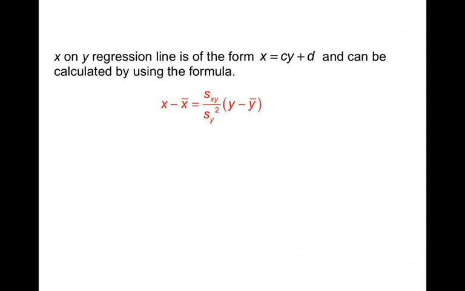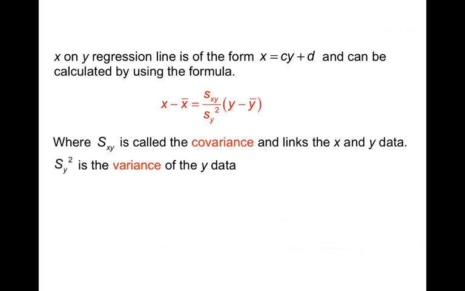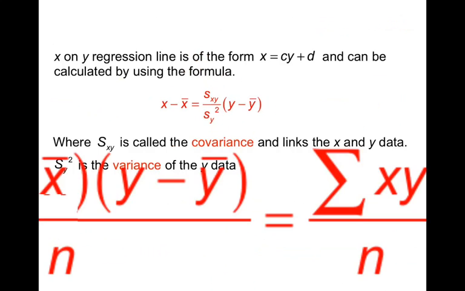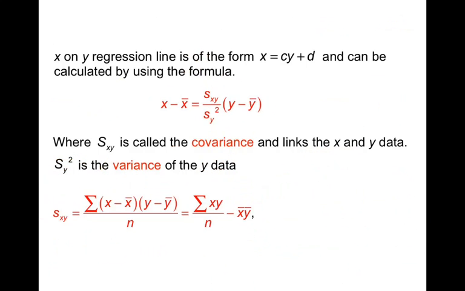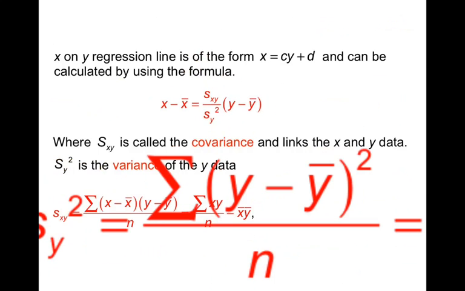Again, it's fairly easy because x bar is the mean of x and y bar is the mean of y, where Sxy again is the covariance and Sy squared is the variance of the y data. Again, don't worry about these formulae at this moment, because what we're going to do first of all is use technology to calculate it. Looking at this example below.